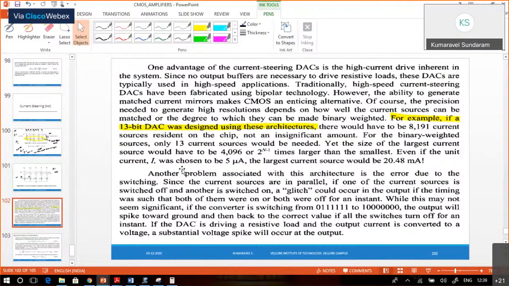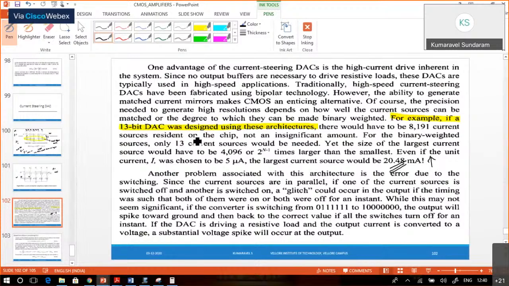Even if the unit current I was chosen to be 5 microamperes, the largest current source is going to be 4096 times I, which is 20.48 milliamperes. So here we have a trade-off. If you go with the binary type of configuration, the current rating is very high, and power consumption is going to be more.